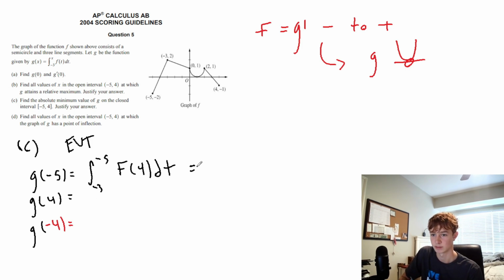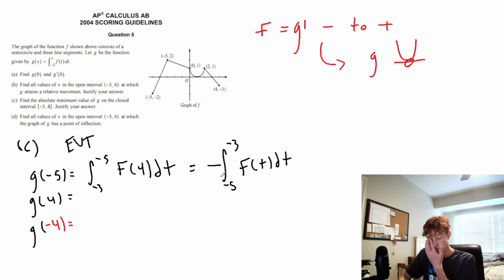So what we have to do is flip it, make it the integral from -5 to -3 of f of t dt, and then make it negative. So all this is asking for is the area under the curve of f from -5 to -3. This triangle and this triangle have the same area, 1/3 and 1/3, but one's negative, so they cancel each other out, and this is going to end up being equal to 0.